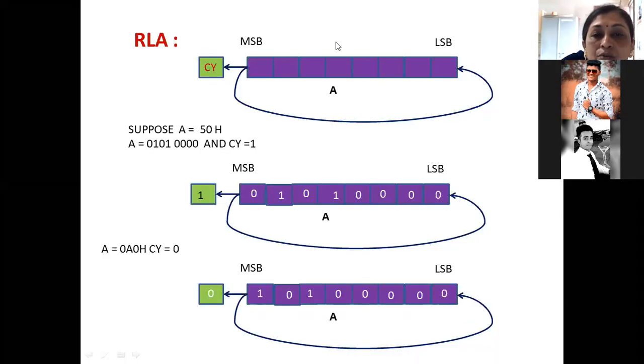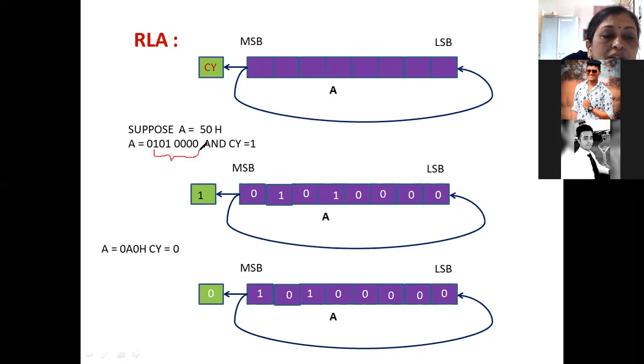I have to share the screen. Okay, so I think we were here, and I was telling you how to write it. What you have to do is write the binary equivalent of 50. Then you are going to shift it, how many times? Only one time.